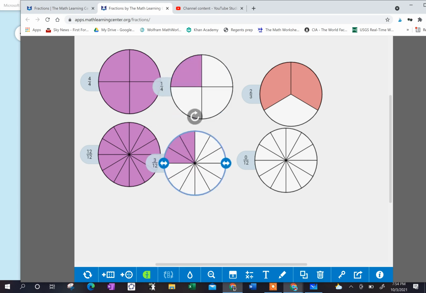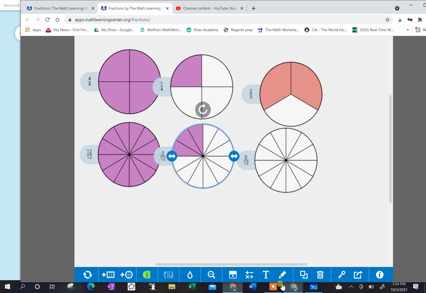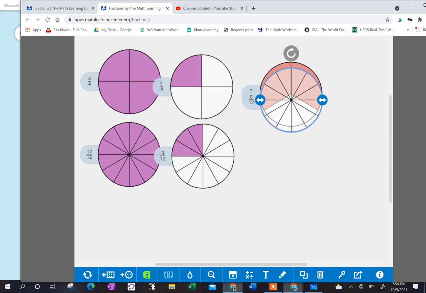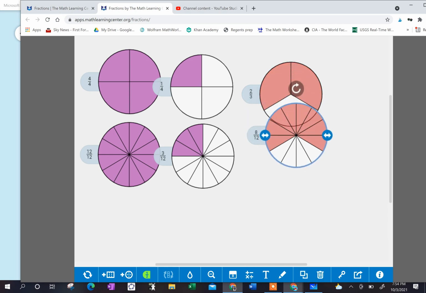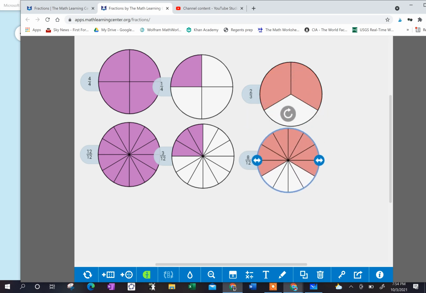Yep. So once again, you can see I have 15/12, and I need to take away, how much is this? Let's see. Looks like I have to take away 8/12. So if I have 15/12, now I want to take away 8/12.